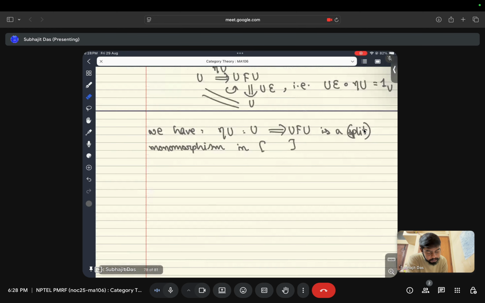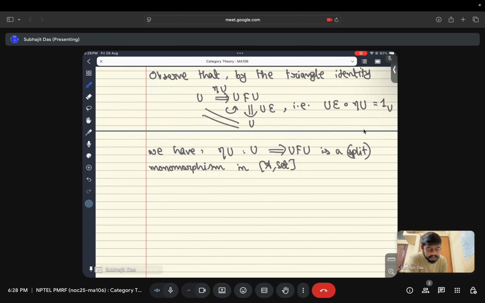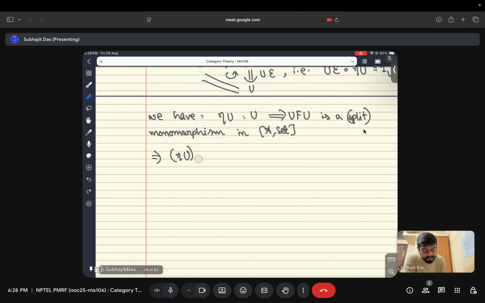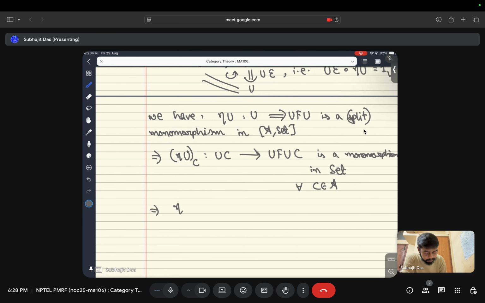So the direction of U is A to set. Right, we have this, which means that eta U at an object, so we have already fixed an A, but let's say eta U at an object C, from UC into UFUC, is a monomorphism in set for each C in A, which implies that the component of the natural transformation eta U at C is exactly eta at UC.